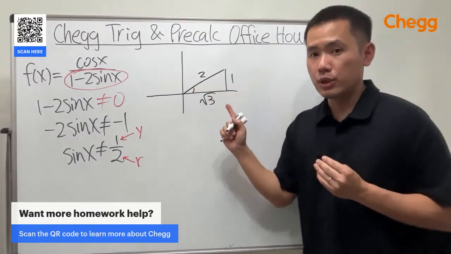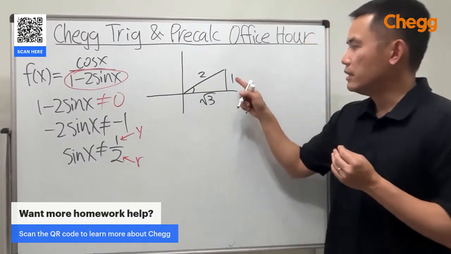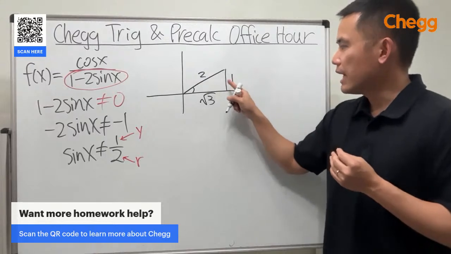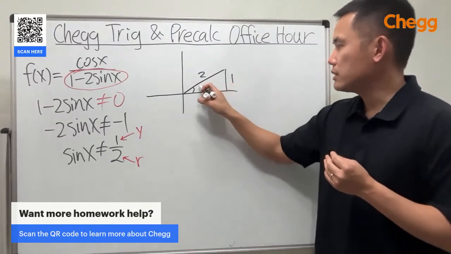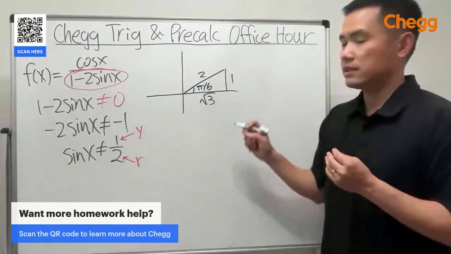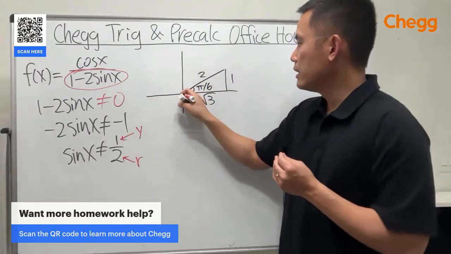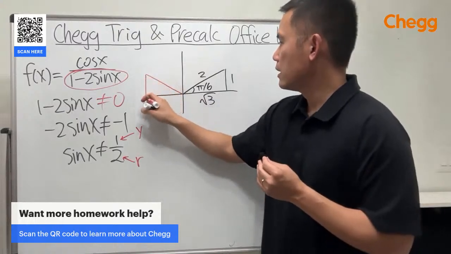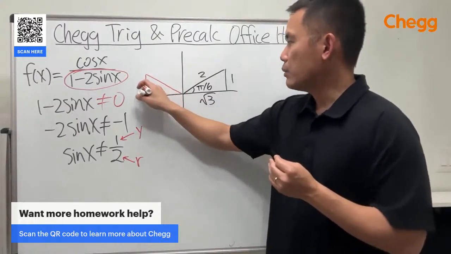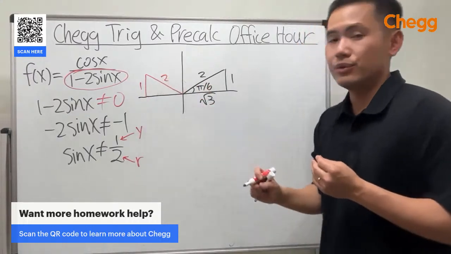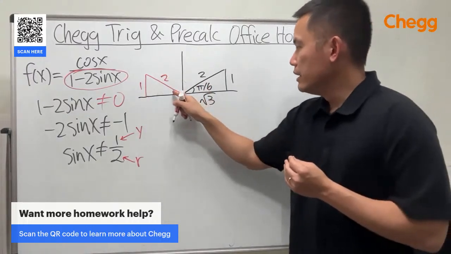As you can see, you have to know your special right triangles. This is the 30, 60, 90 special right triangle, and this is the smaller side. So this is just 30 degrees, which is pi over 6. Now, you can also go to the other side like this, because that will also give you y being equal to 1, and r is still 2.